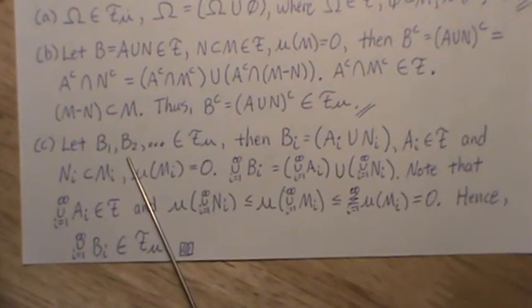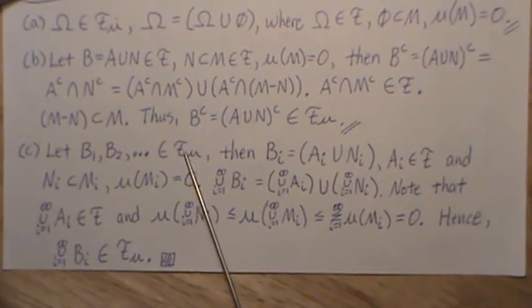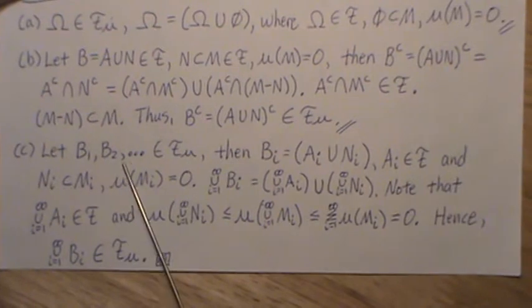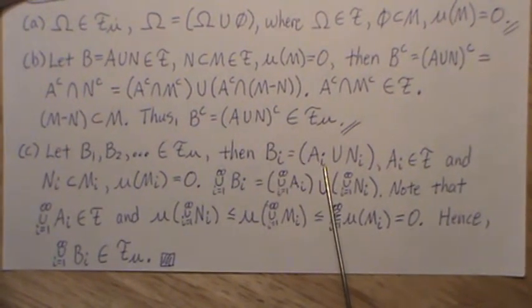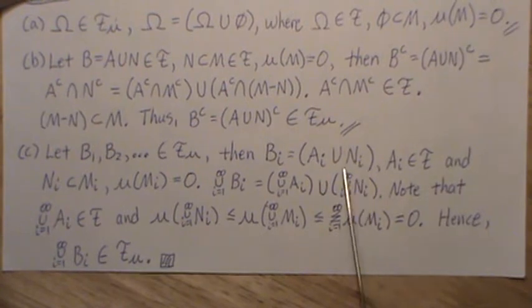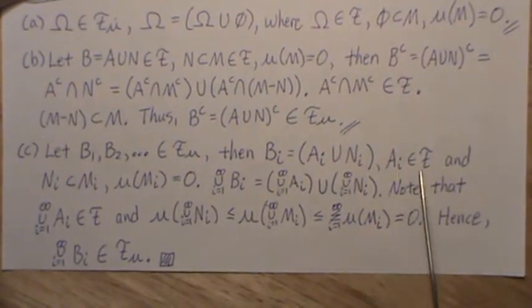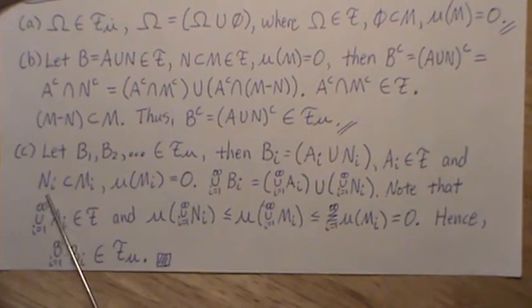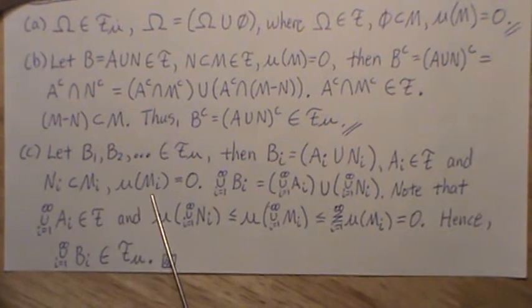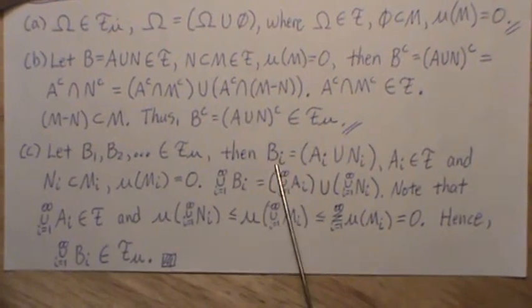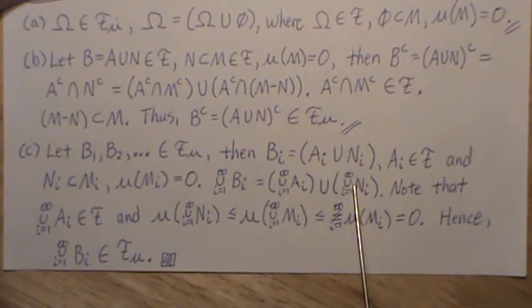Now let B1, B2, and so on be elements of the completion. Let B_i equal A_i union N_i. Since it's a completion, we know it can be written like this, where the A_i are in the sigma field, and N_i is a subset of M_i, which has measure 0. Then the union of these B_i can be written like this.